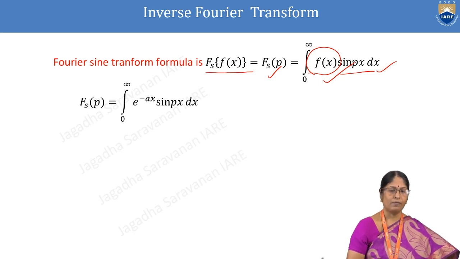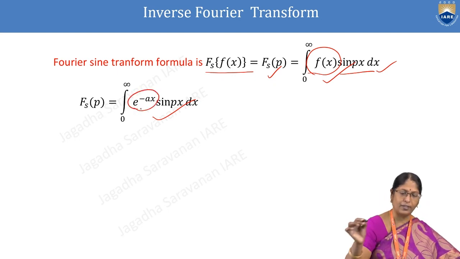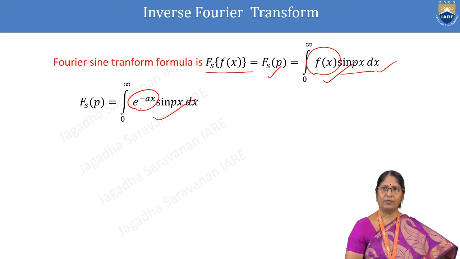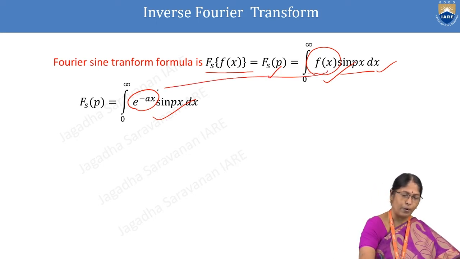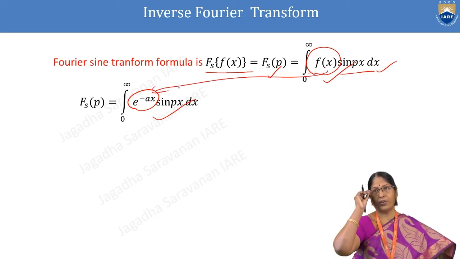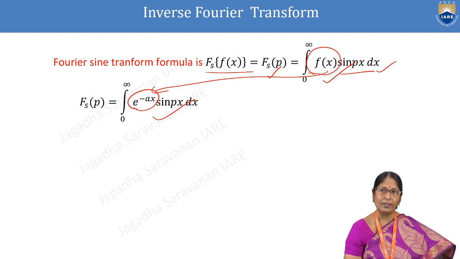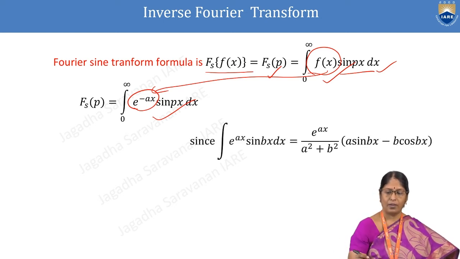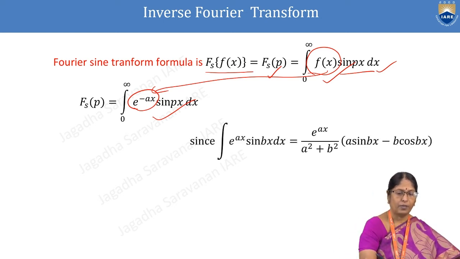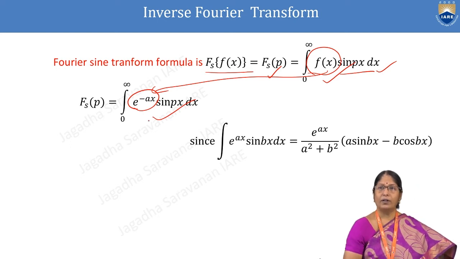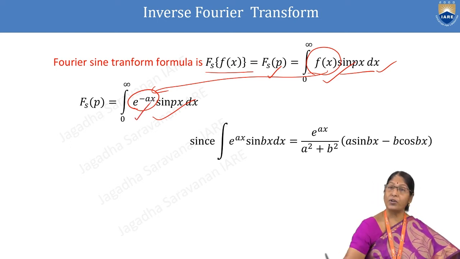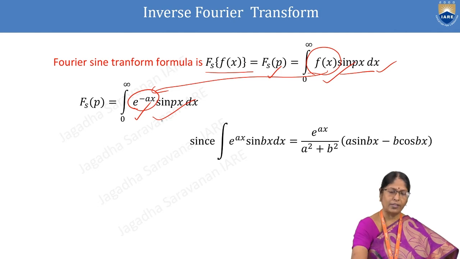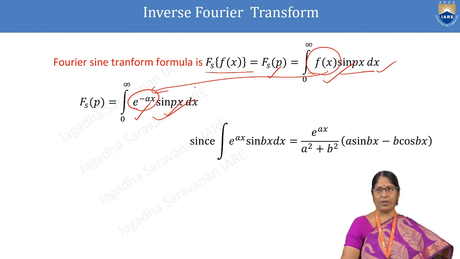Fine. So it is written, our f of x is e power minus ax. We replaced it by the function given in our question, e power minus ax. One is the exponential function, another one is trigonometric.